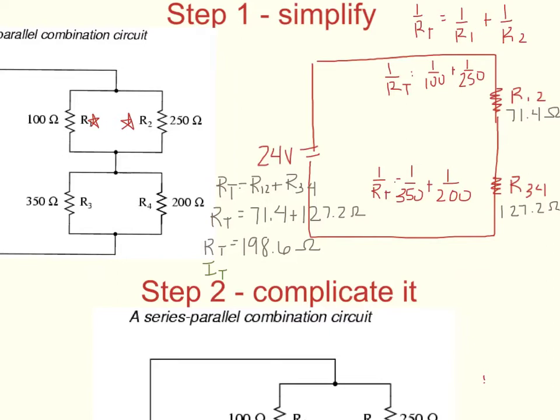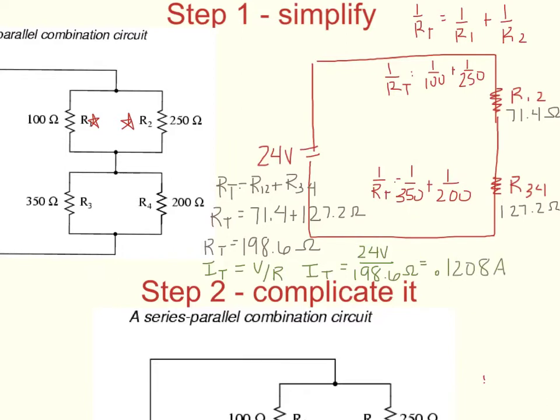The next step is that we want to solve for IT, because that'll be helpful since the total current when two resistors are in series would equal the current running through resistor 1, 2, and that would equal the current running through resistor 3, 4. Now to solve for IT, we're going to use V equals IR and move it around, so IT would equal V divided by R. And so we would take IT to equal 24 volts divided by 198.6 ohms, where that IT is 0.1208 amps.